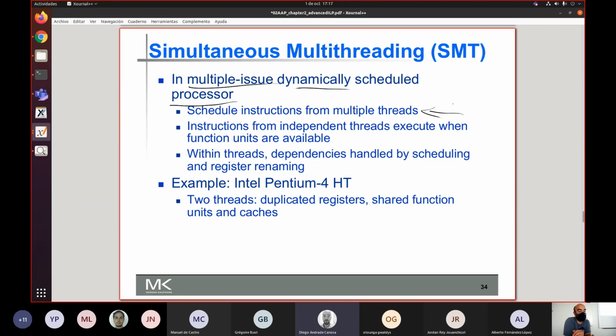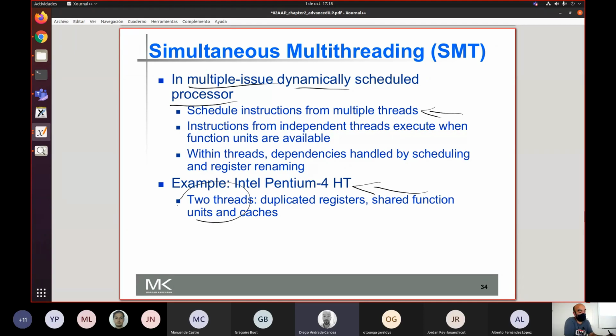You can take instructions of different threads. Obviously, this is a big opportunity to improve your performance. The first example of this was a mechanism that is still available in Intel, called hyperthreading. The Pentium 4 was the first to have this, and it was able to execute two threads at the same time.